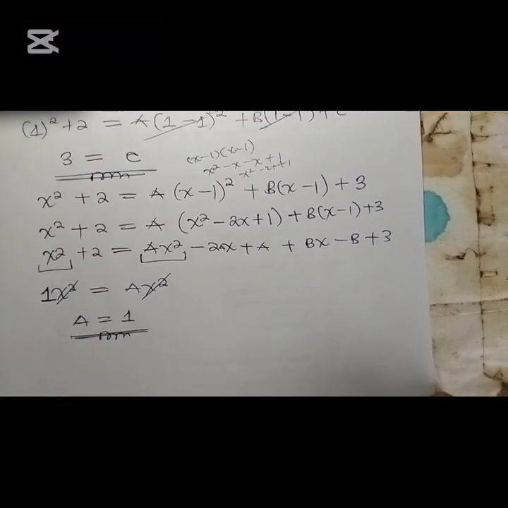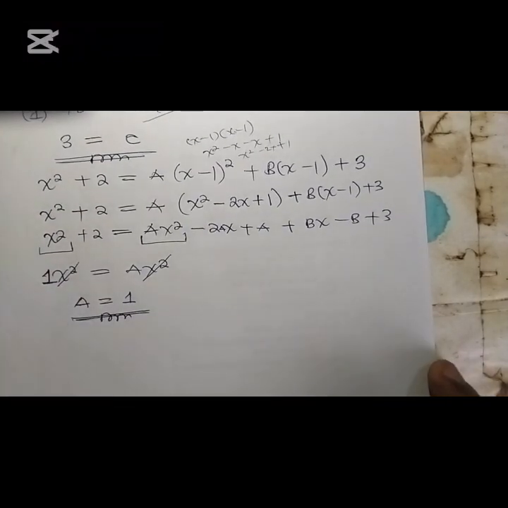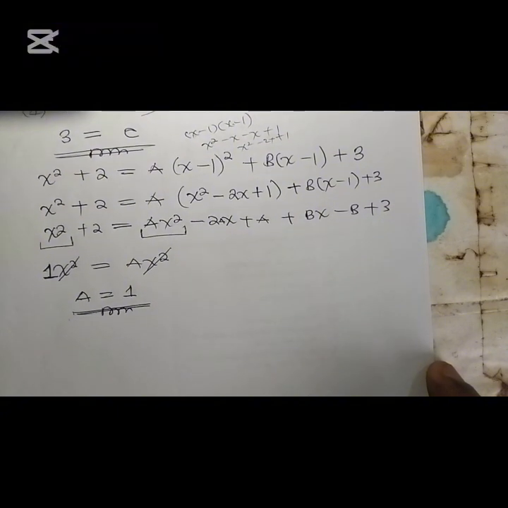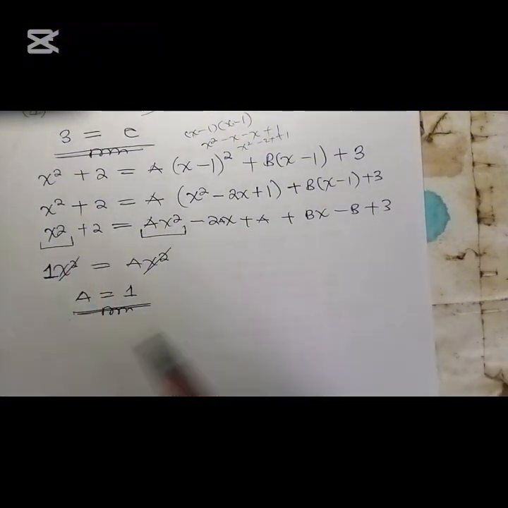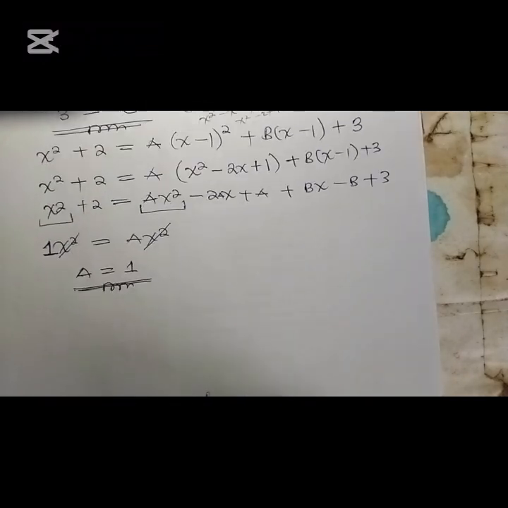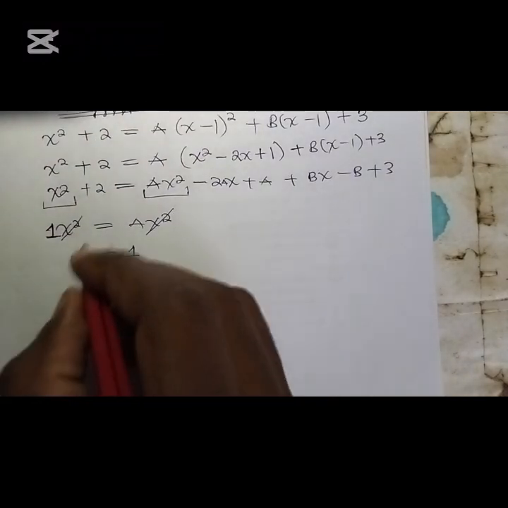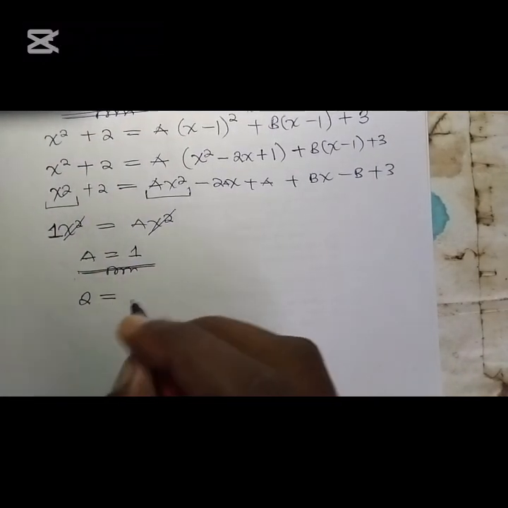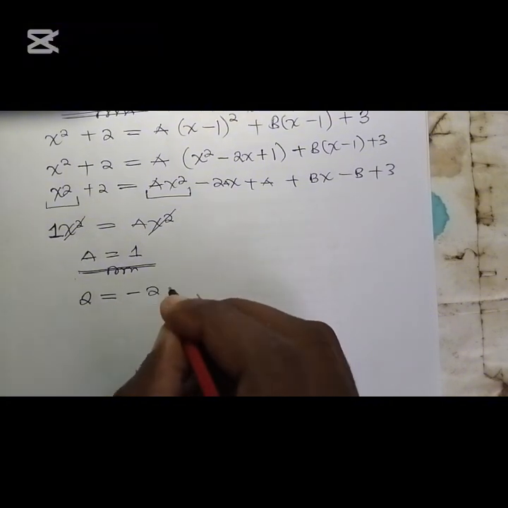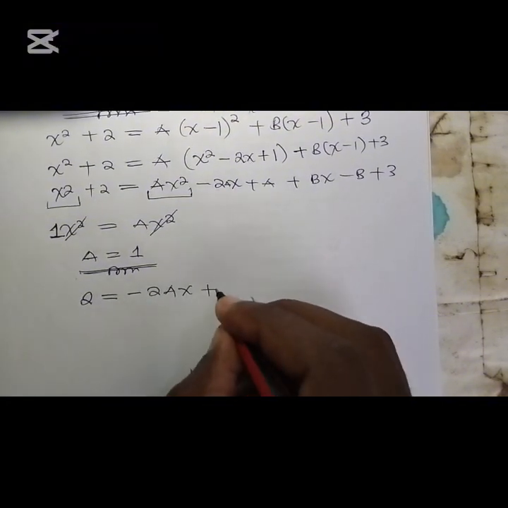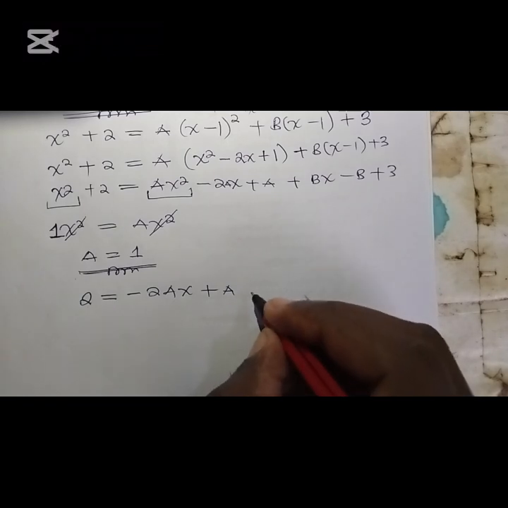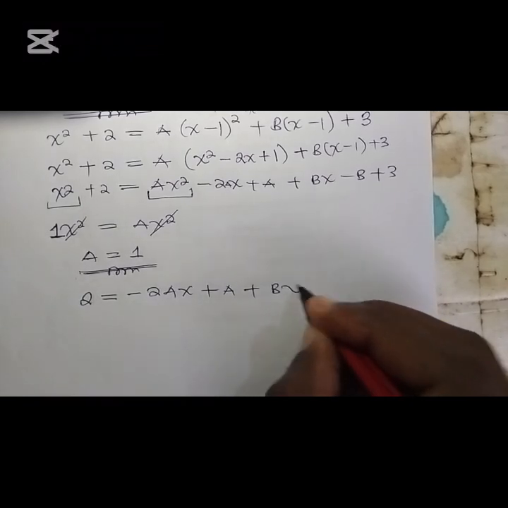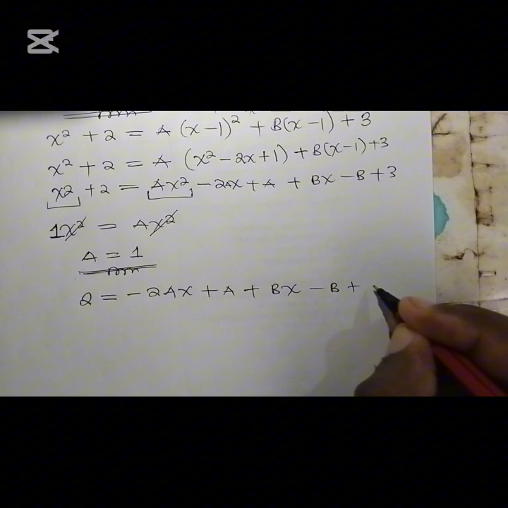Then from there now we say everything that has a variable, in short, everything that doesn't have a variable like the 2 here, will be equated. So what I mean by this is that we equate 2 to negative 2ax, then plus a, then plus bx, then minus b, then plus 3.